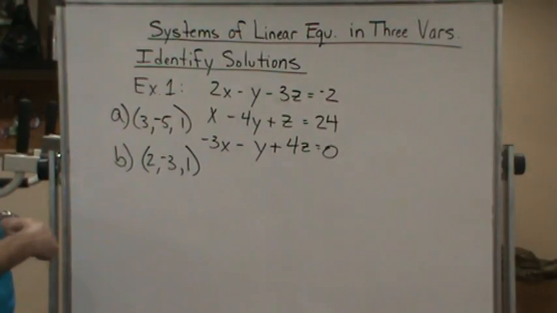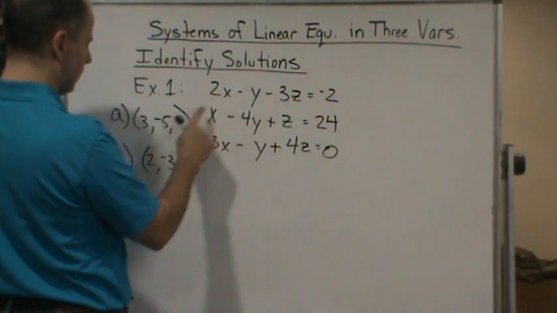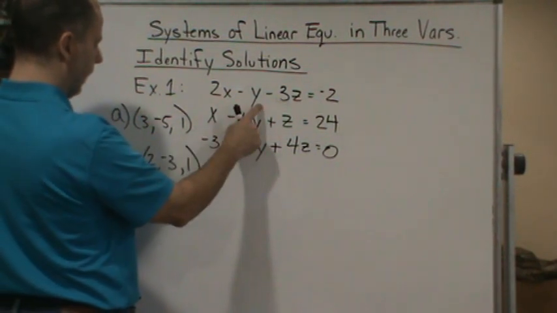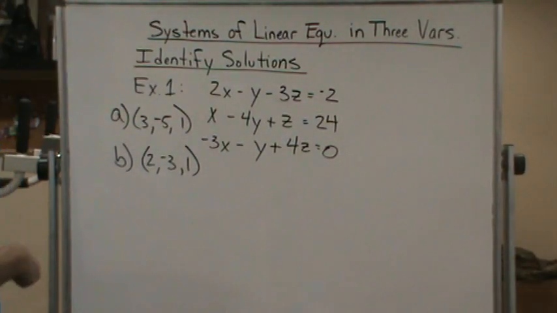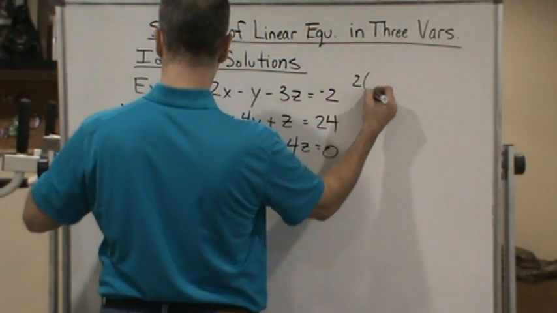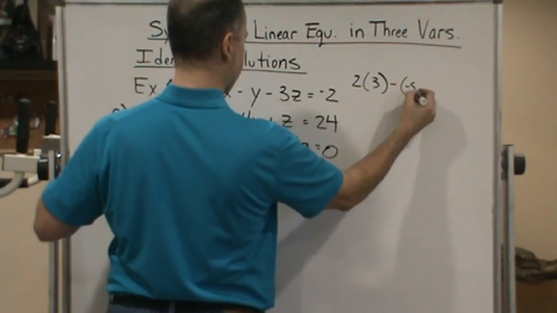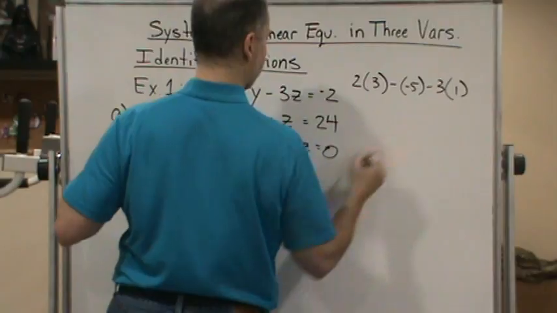So the first thing we're going to do is plug the values in. We're going to plug in 3 for x, -5 for y, and 1 for z. If we do that, we get 2 times 3 minus -5 minus 3 times 1.